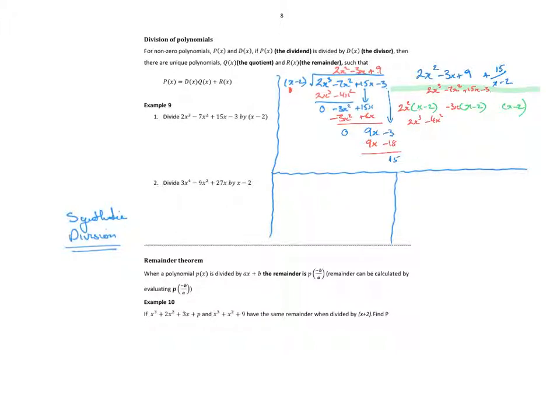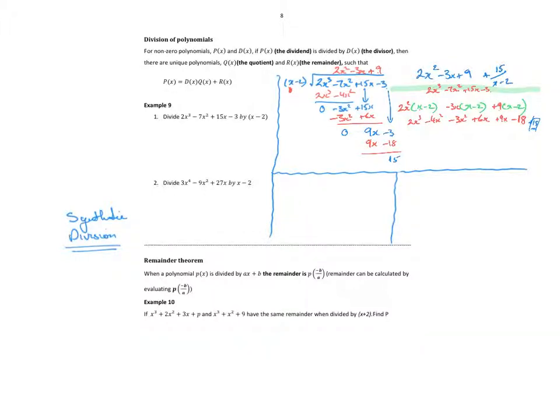If I multiply by negative 3x and expand that bracket, I get negative 3x squared plus 6x. I've got 6x, I'm meant to have 15x, so I need to add 9. If I expand that bracket, I get another 9x, and I have minus 18. I'm meant to have negative 3, so I have to add 15.